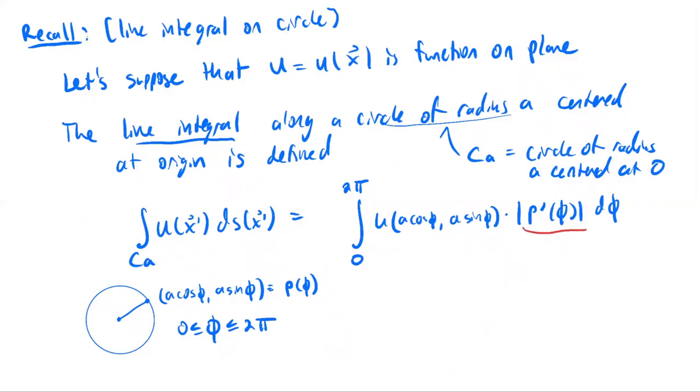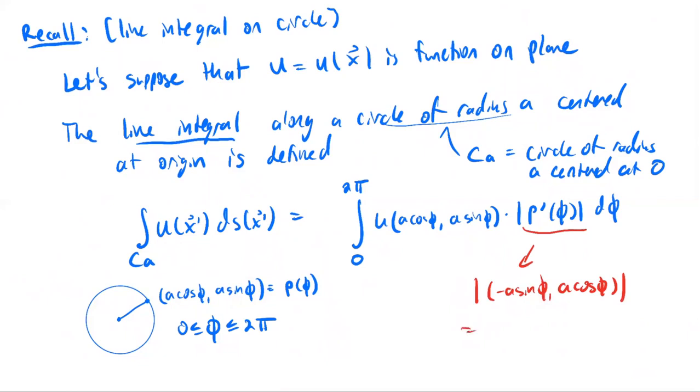Well, what is the derivative of the parametrization here? This is the absolute value of minus a sine phi, comma a cosine phi. All I did here was take the derivative of each of these terms respectively, and this is what you end up with.